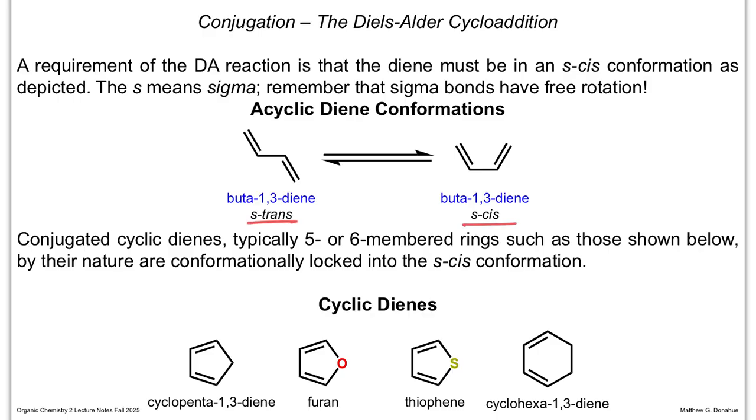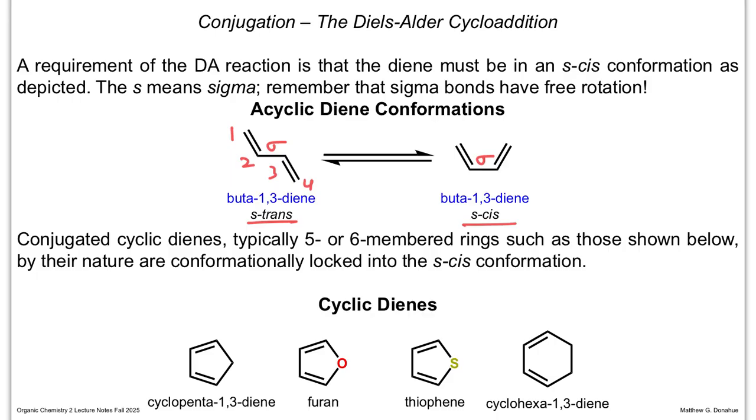So we all know what cis and trans mean, but what is the S in front of that? So we have 1, 2, 3, 4. And we said the type of bond between carbons 2 and 3 was sigma, right? So the S just means sigma.